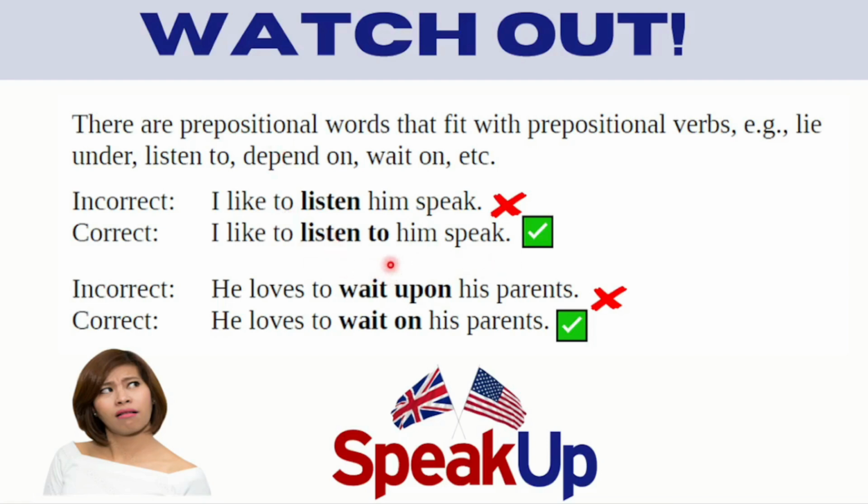So, listen to. The preposition comes with the verb. Now look at this one. He loves to wait upon his parents. We do not use upon in this sentence. We must use, he loves to wait on his parents. So remember, some expressions cannot change the preposition because they change the meaning.